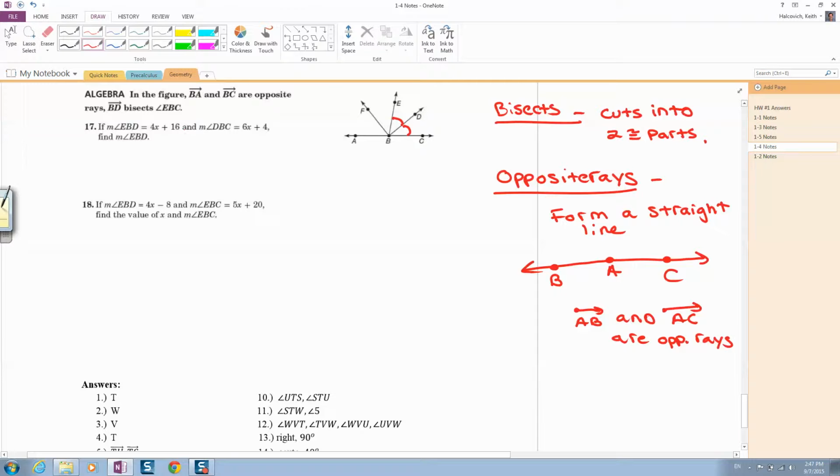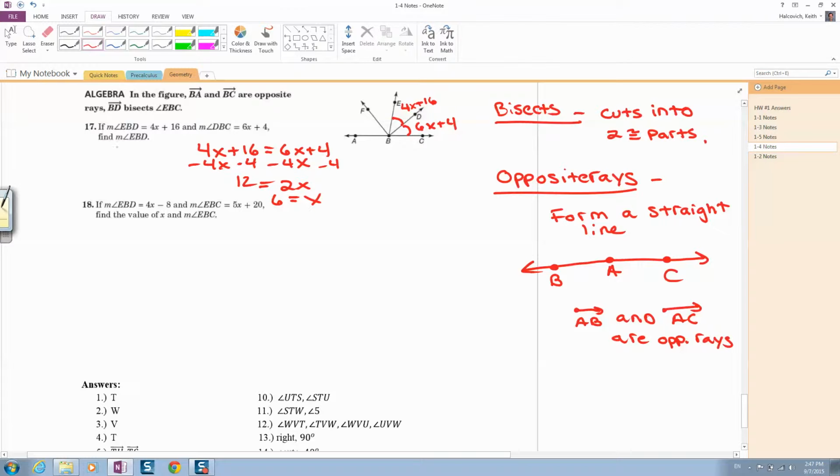So 4x plus 16 is EBD, and DBC is 6x plus 4. So since they're equal, you set them equal. Subtract the 4x. So you get 2x, subtract the 4, so you get 12, so x equals 6.